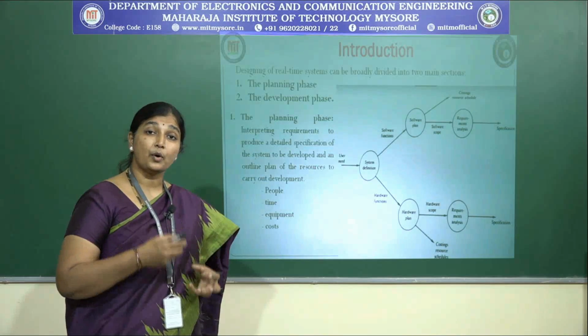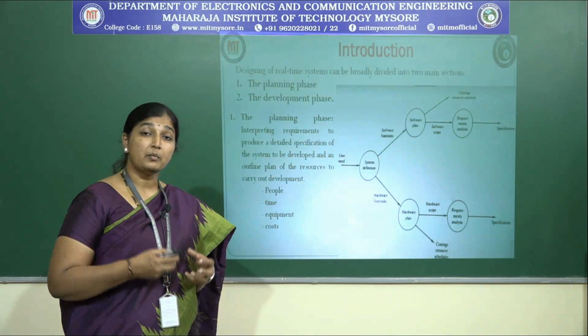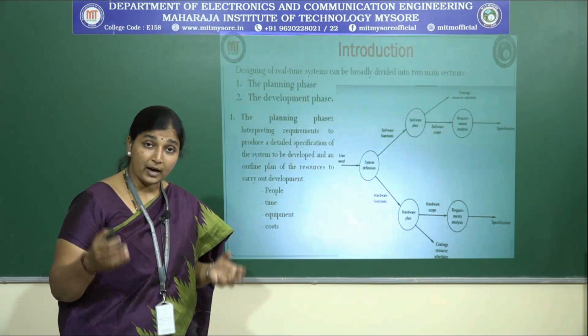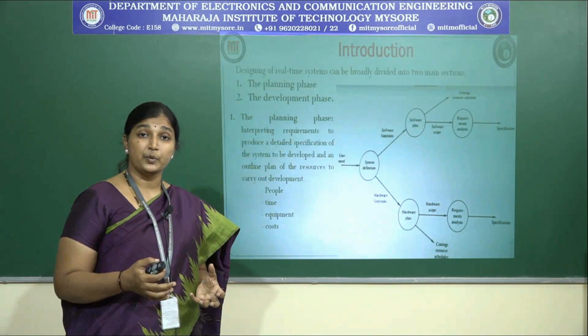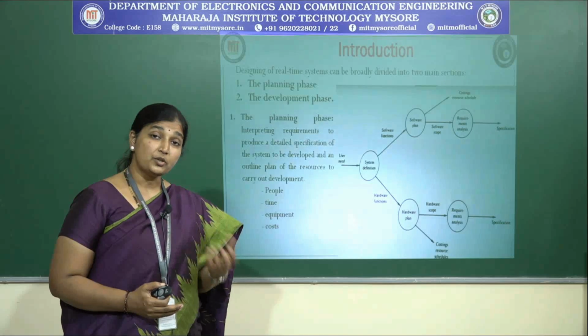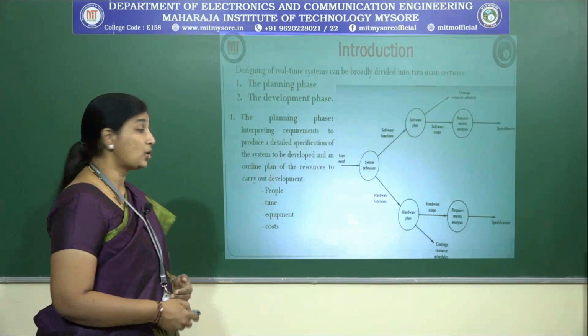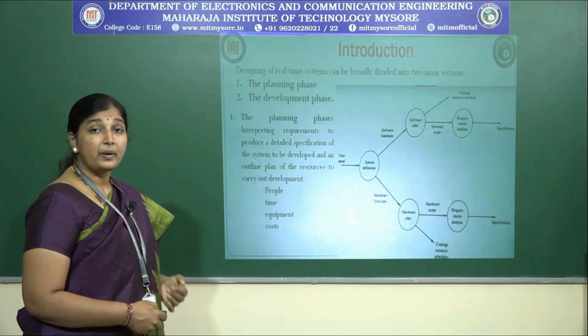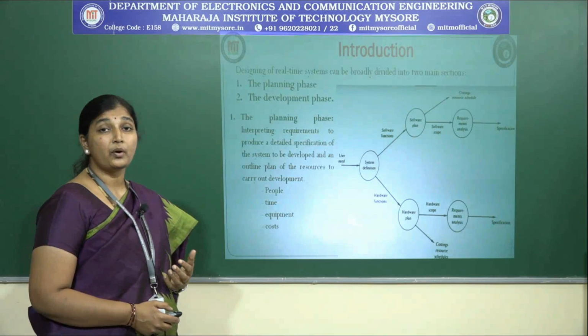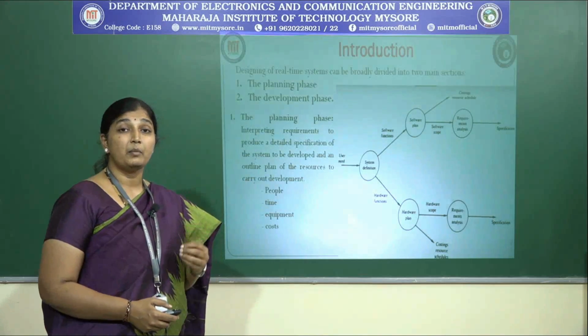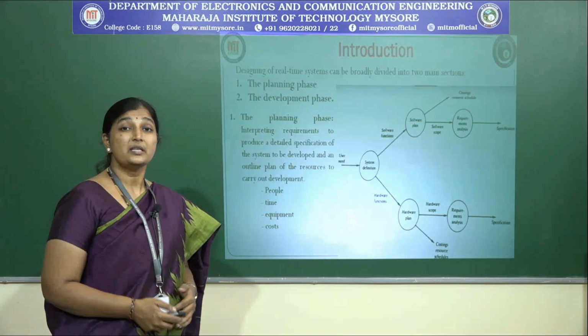You have to take an approximation of the amount of hardware for the testing purpose and user demand. So based on that, you can have the requirement based on the people, time, equipment and the cost. These are the 4 important headers you have to think about during the planning process.